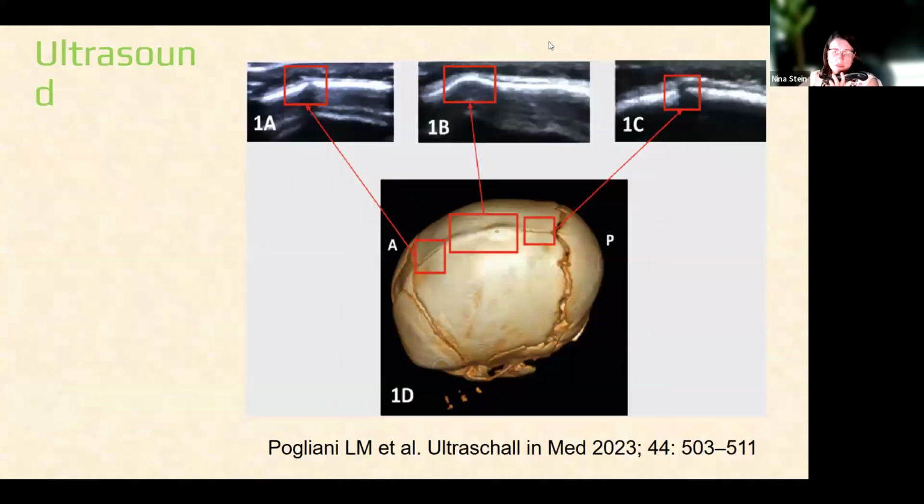So ultrasound is also an imaging modality that you can use to assess sutures. This is a case illustrating how it looks on ultrasound when you have a sagittal suture craniosynostosis. So again, you're trying to find narrowing of the suture, which in ultrasound should be at least 0.5.